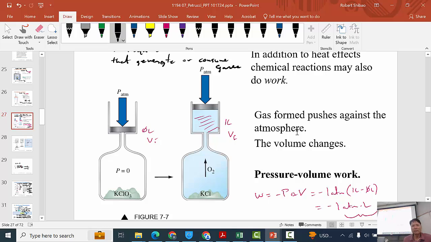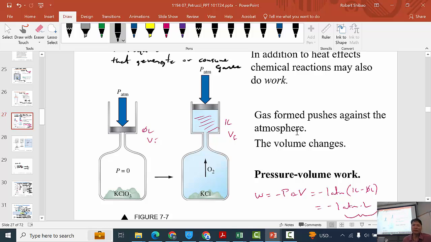Constant volume would seal this container, so we'd have to make sure this lid is sealed or glued shut. Therefore, as the oxygen is being generated, it's just going to expand to fill this container, and the pressure is going to go up. If you want to do this under constant pressure, then this lid has to be able to move up and down to compensate for increases and decreases in volume.